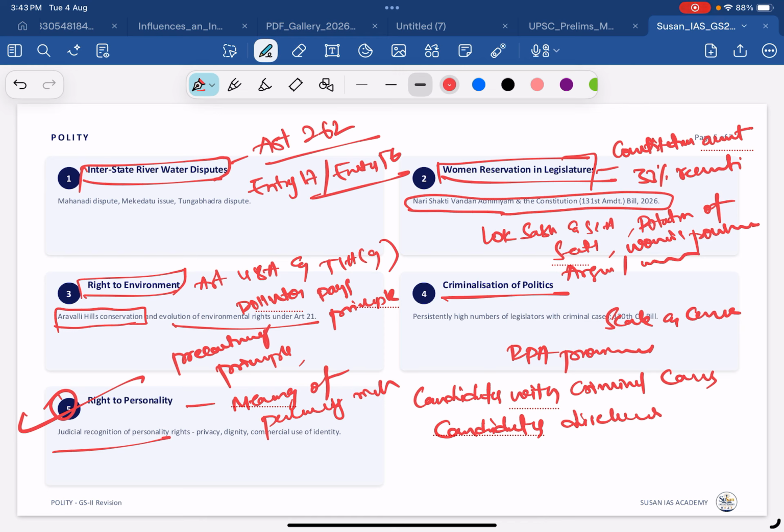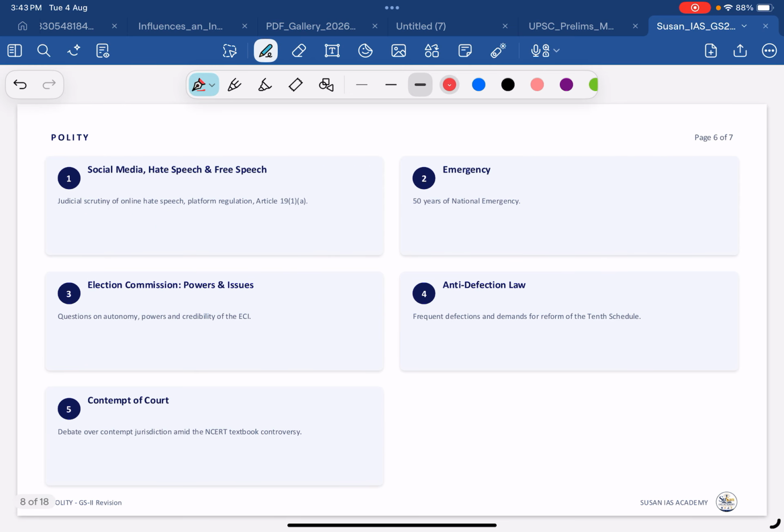Name, image, voice, likeness, celebrity personality rights, commercial exploitation, AI or deepfake issues. There are many cases going on now regarding AI and deepfakes, right? And freedom of expression with personality rights. These are the dimensions one should cover under the right to personality, right?